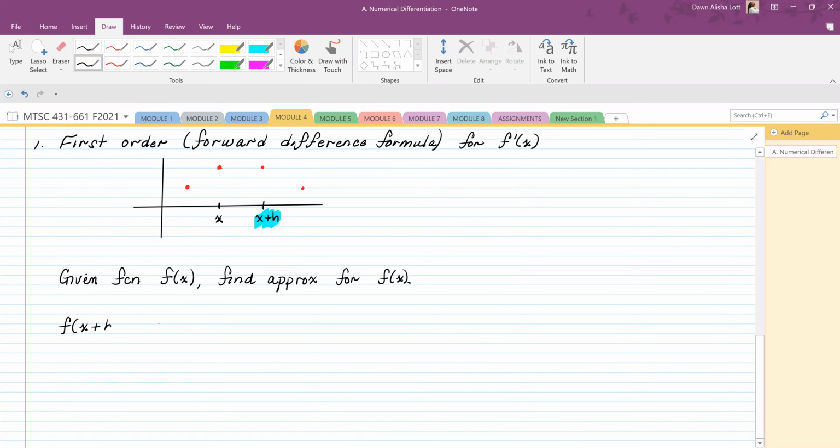So now we have f prime of 1.8 is going to equal f of 1.8 plus h minus f of 1.8, and we are going to divide by h.